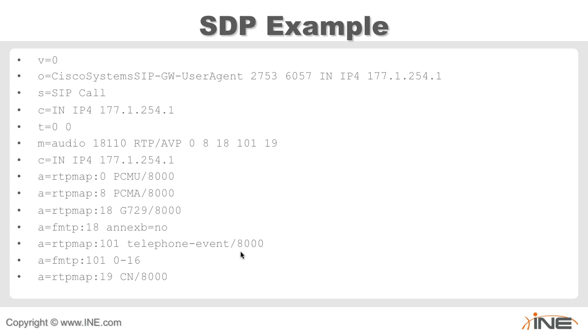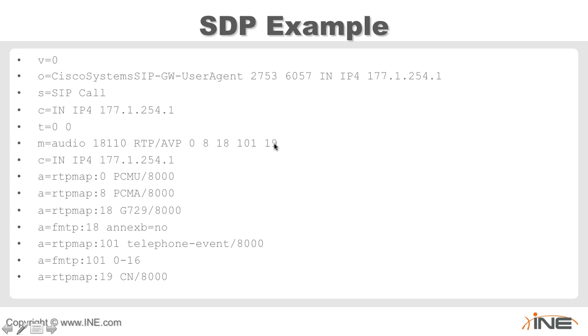But it's being carried in an RTP packet rather than true out of band. RFC 2833, which is again named telephony event, or NTE. So it's saying we support RTP NTE. We support that type of DTMF relay.